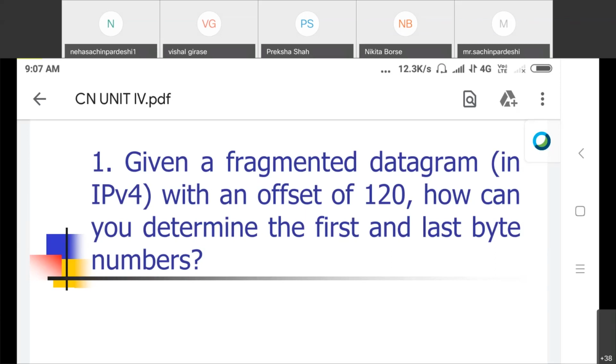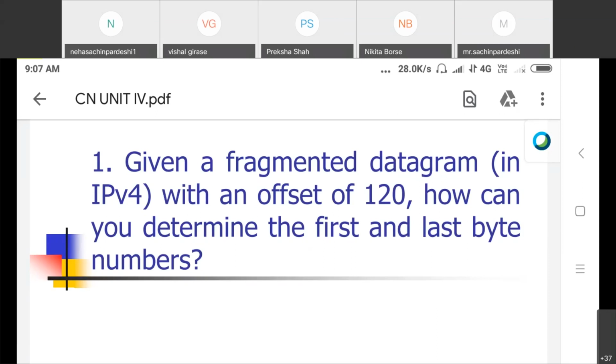Why do we divide by 8? Because to define this offset value for 65,535 bytes of data, fewer bits are provided. That's why we have to divide by 8.